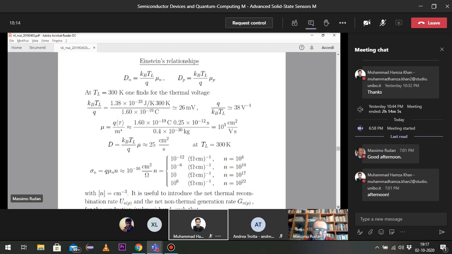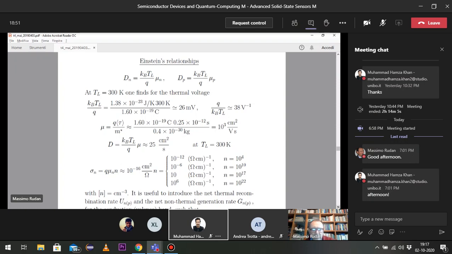Then we can make the estimate of the diffusion coefficient simply by taking the Einstein relation. So mu is about 1,000, kT over Q is about 26 milli. Let's take 25, okay? So we have about D equal to 25 centimeters square over second, okay? At room temperature.